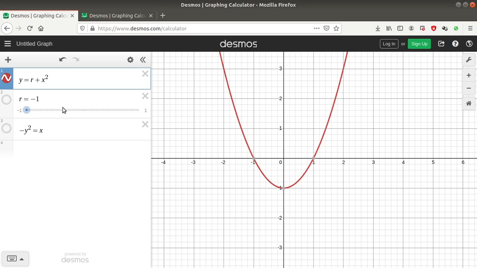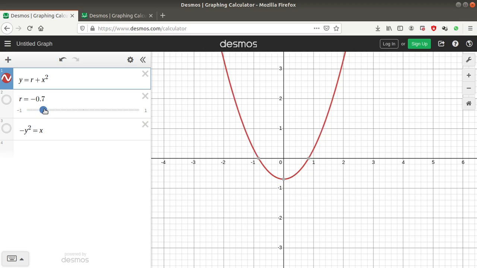Okay, and for our case, this r is going to be our control parameter, and I am going to slowly tune the control parameter. I am going to increase the control parameter. Look what's happening to the fixed points. The fixed points are changing, but still the system has two fixed points.